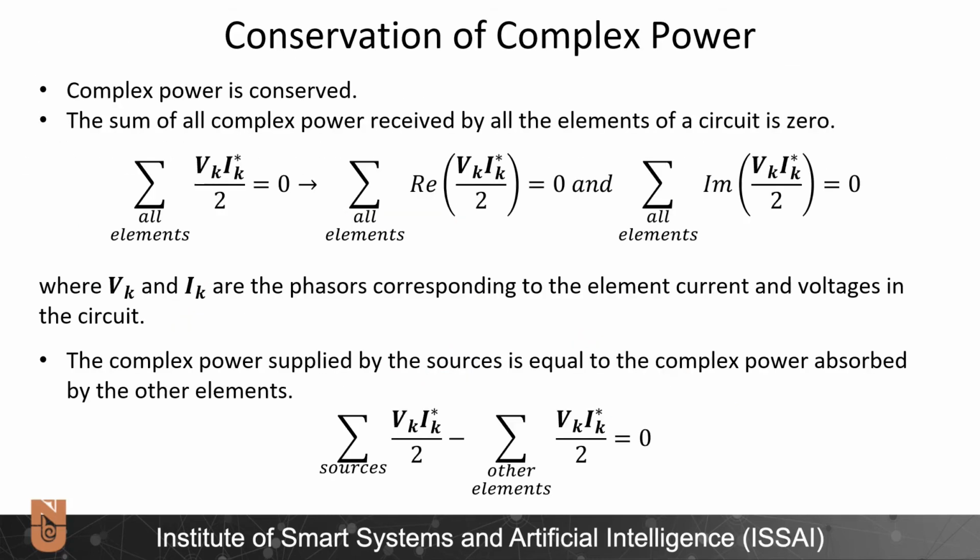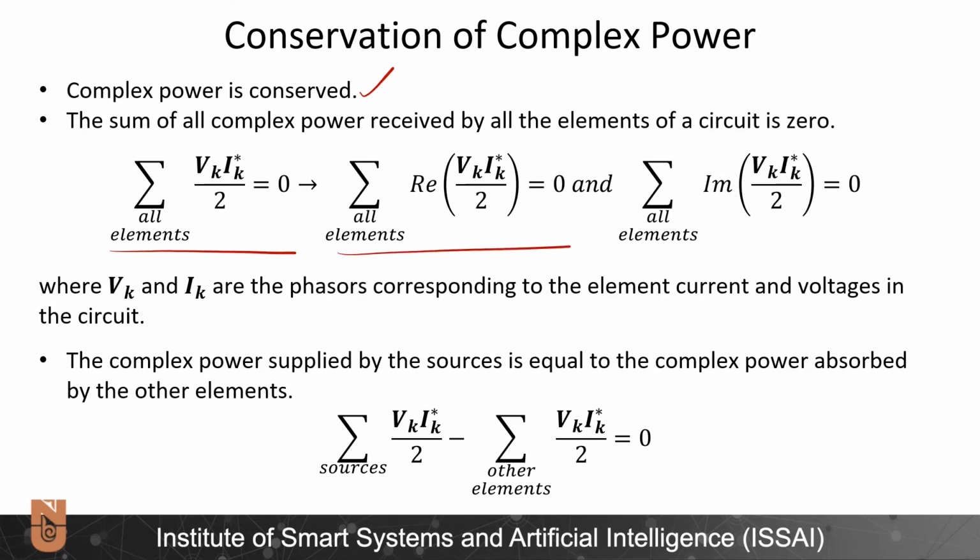Complex power is conserved: the sum of complex power received by all elements in a circuit is equal to 0. Since we are dealing with a complex quantity consisting of real and imaginary parts, this statement should be true for both of those components.